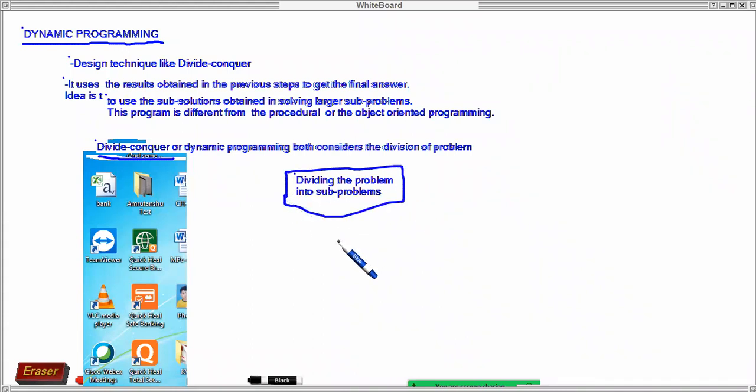This is done in divide and conquer, and the same thing happens in dynamic programming too.